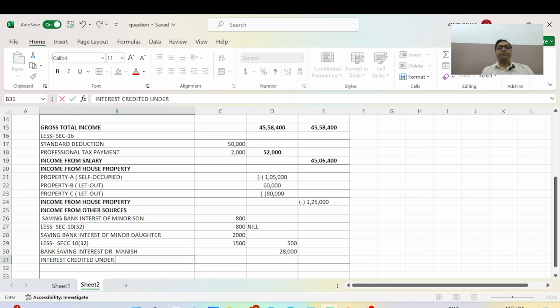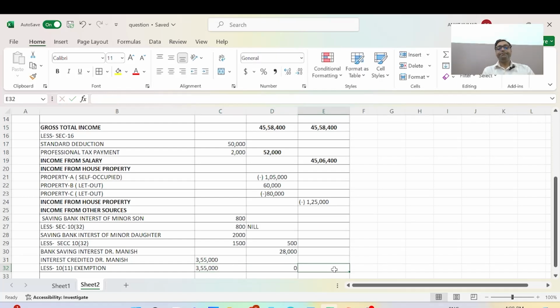Under Section 10 clause 11, the exemption is up to 5 lakh rupees, but whichever is less, it will be fully exempted, 3,50,000. So the taxable amount will be 0.